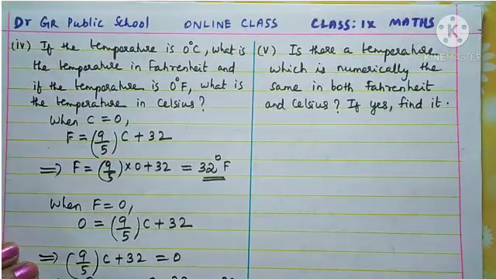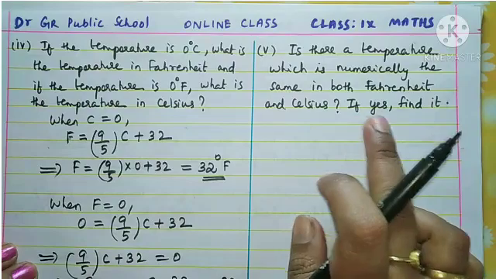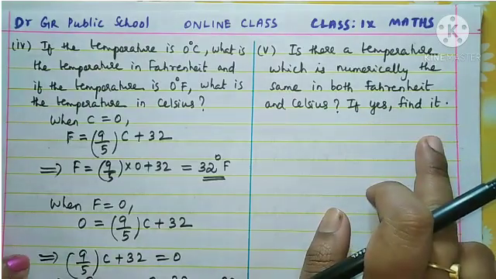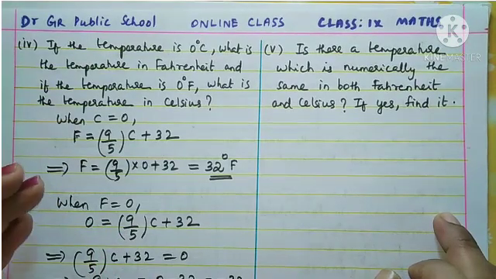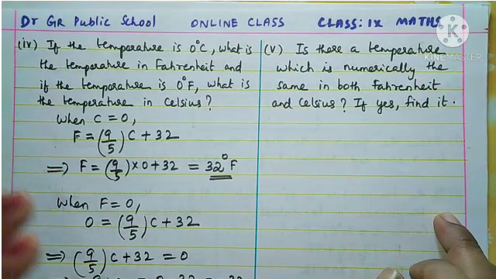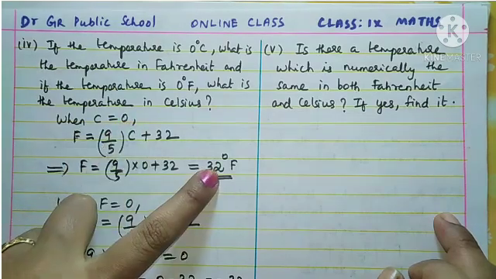Is there a temperature which is numerically the same in both Fahrenheit and Celsius? If yes, find it. So the question is asking, when you take one temperature in Celsius, we get another answer in Fahrenheit. You see here, when C is 0, F is 32.